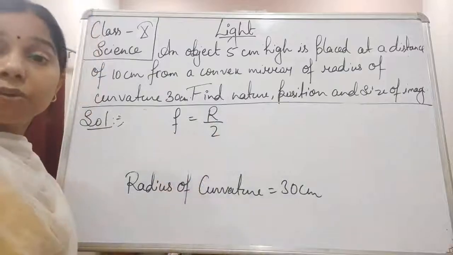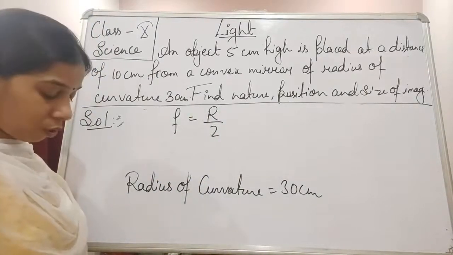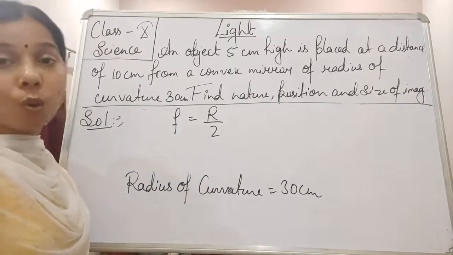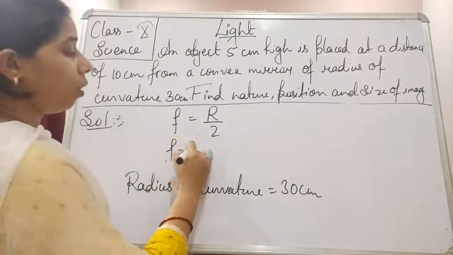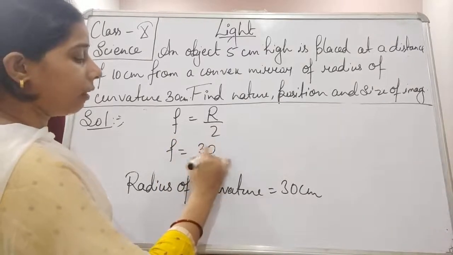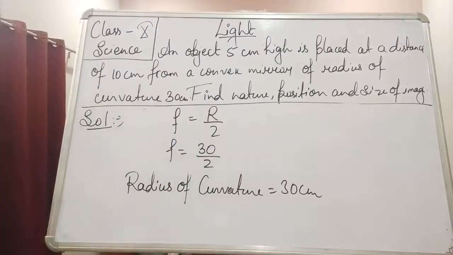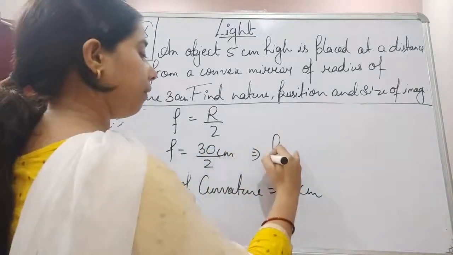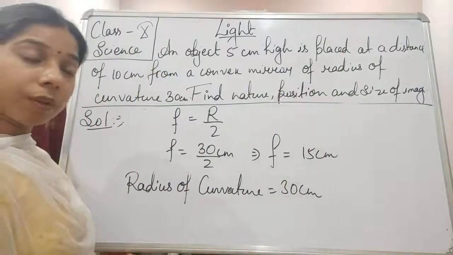This is the relationship between the focal length and the radius of curvature. With the help of this, we get the value of the focal length. So f will be equal to 30 centimeter divided by 2. This gives f equal to 15 centimeter. It will be positive.